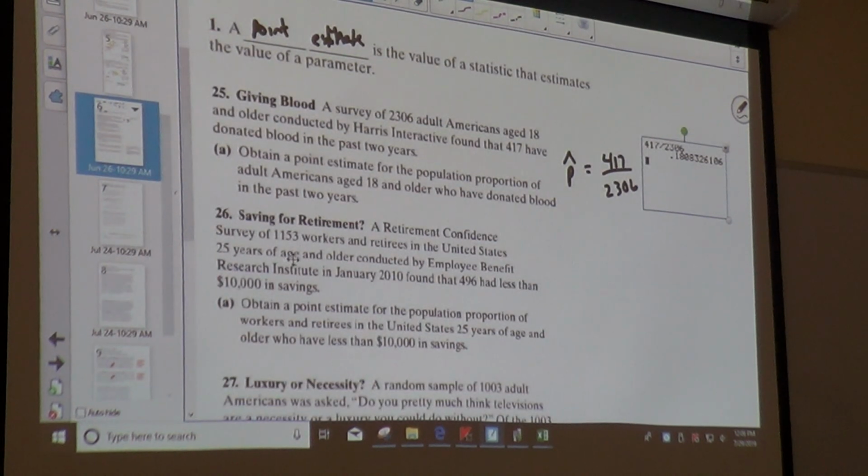Out of 1153 workers that were retired, 496 made less than $10,000. Obtain a point estimate for the people who made less than $10,000. So how many people made less than $10,000 out of the people I surveyed? 496 out of 1153.